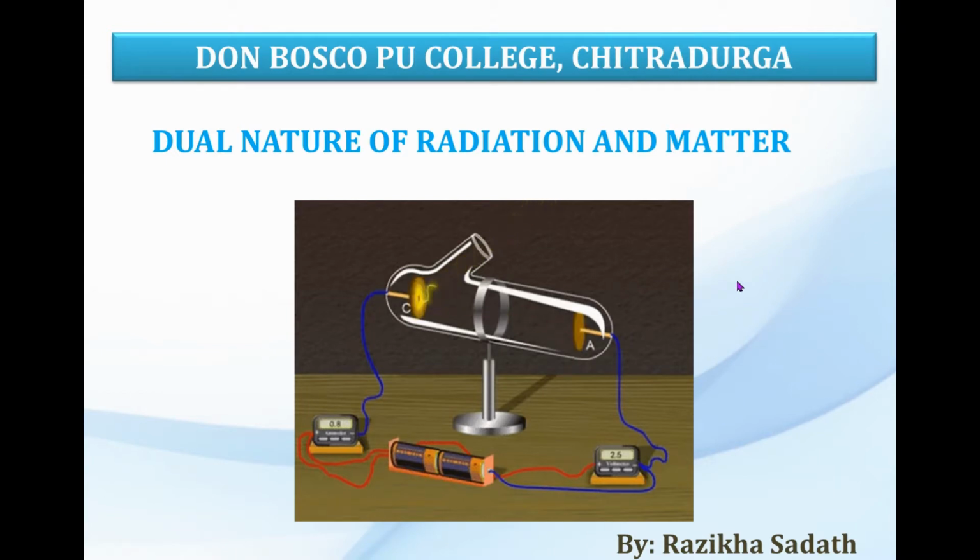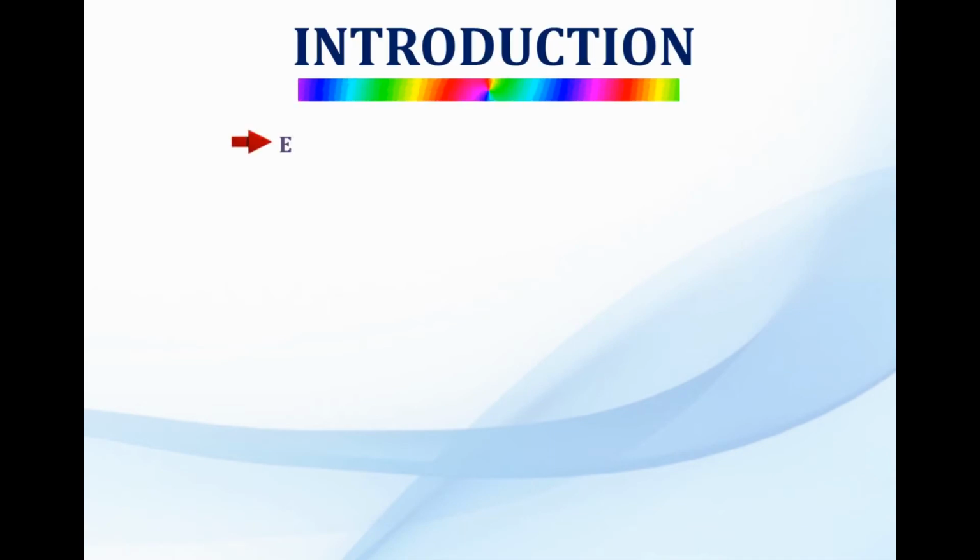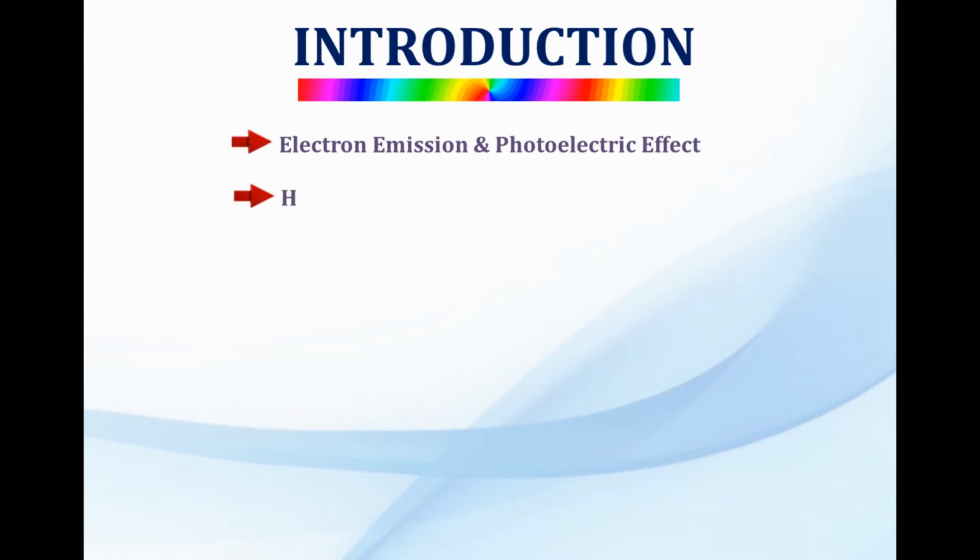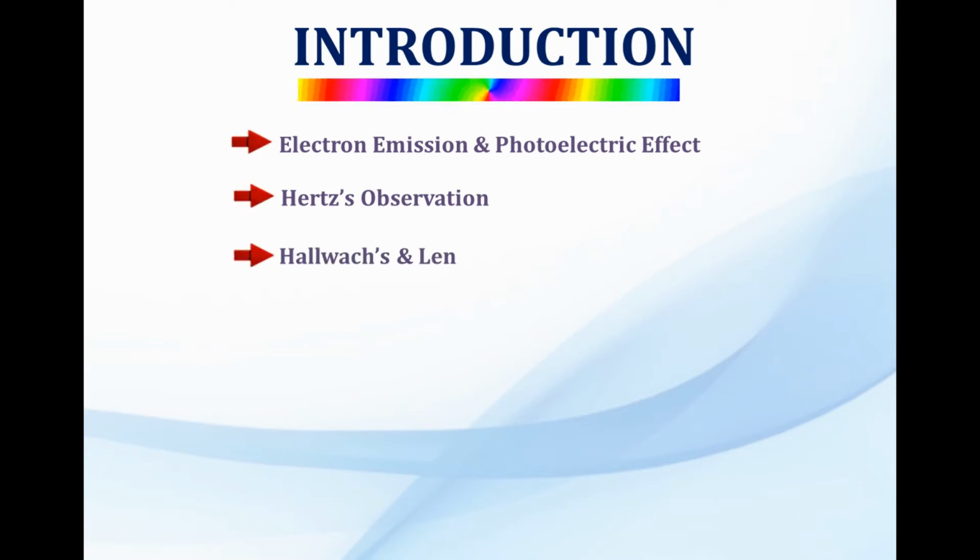From this video onwards, we will start another chapter called Dual Nature of Radiation and Matter. In this chapter, initially we will have a brief introduction. Then after that, we will be discussing electron emission and mainly the photoelectric effect.